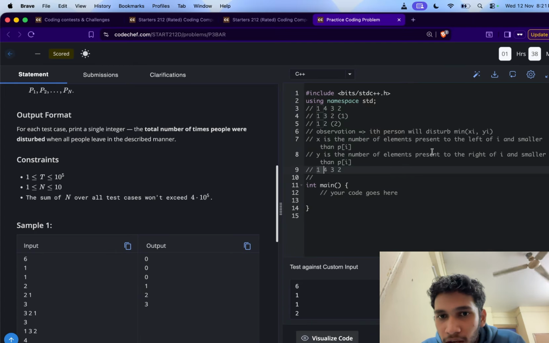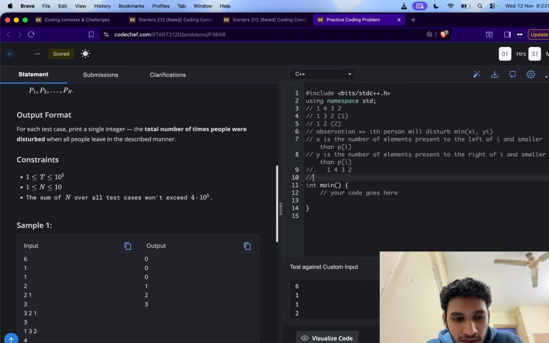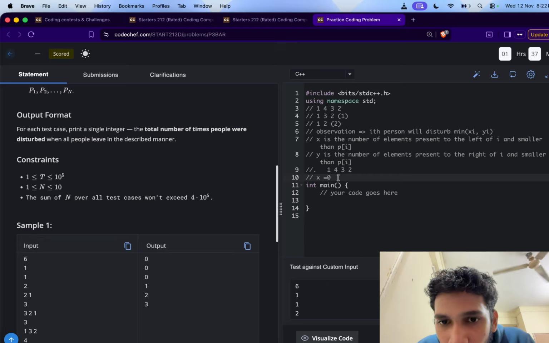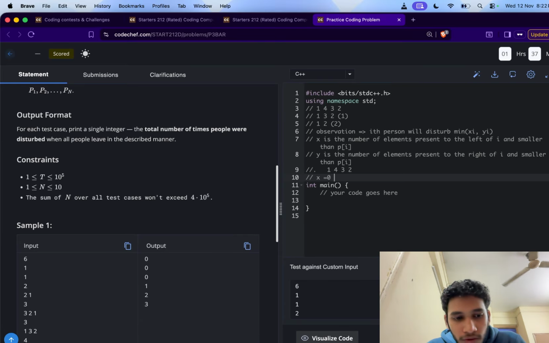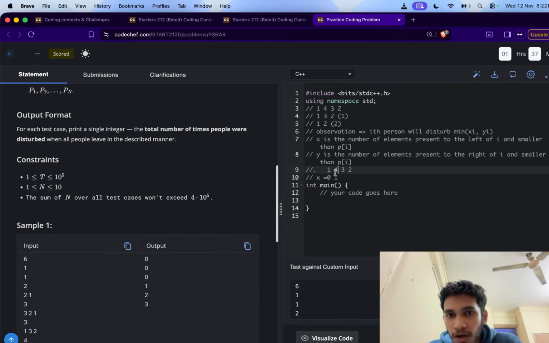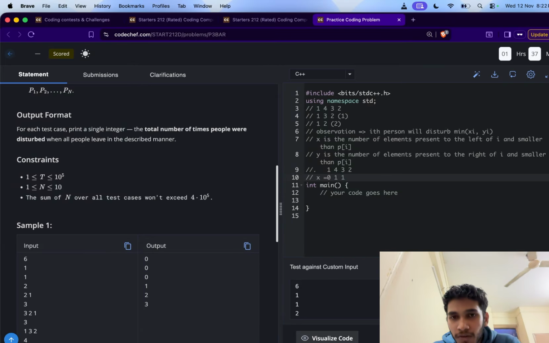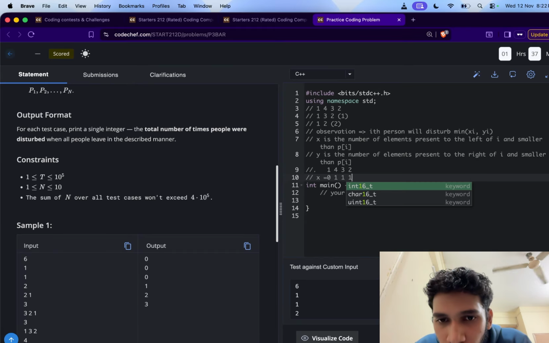And is it smaller than 4? Yes, it is. So let's build the x and y arrays here. For 1, there is no element present to the left of it, so it's 0. For 4, there is one element present to the left of it, and it is smaller than 4, of course. Similarly, for 3, 1 is present, which is smaller than 3, but 4 is not smaller than 3. So the answer here again is 1. Similarly, for 2, 1 is present, which is smaller than 2, so it is 1.